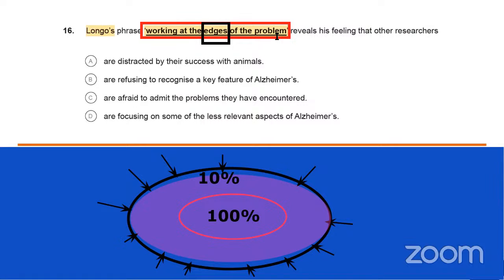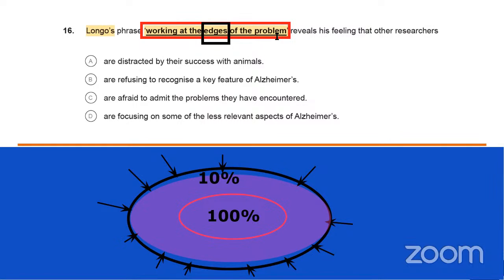So what does he want then? He wants them to go into the center of the problem. That means more important aspects, but they are focusing on less important. Relevant means important. They are focusing on some of the less relevant aspects of Alzheimer's, not the more relevant ones. 100% is more relevant, 10% is less relevant.